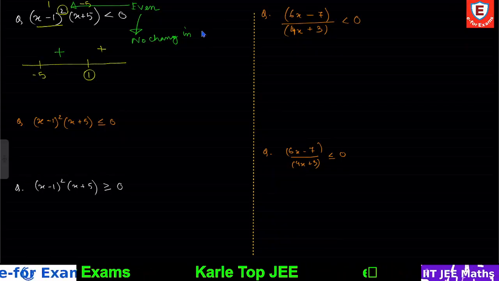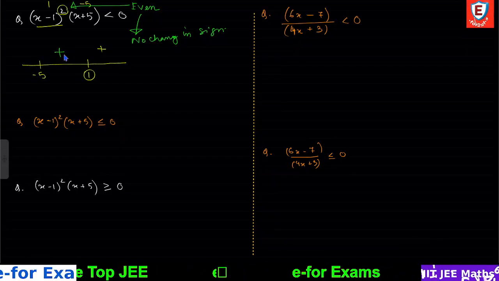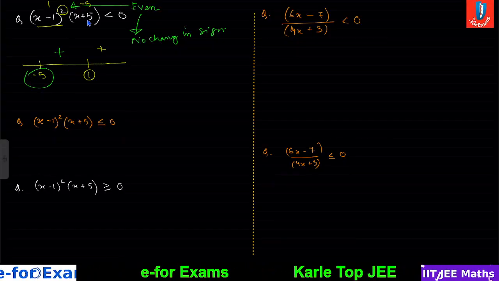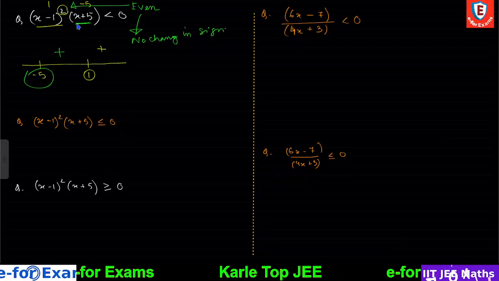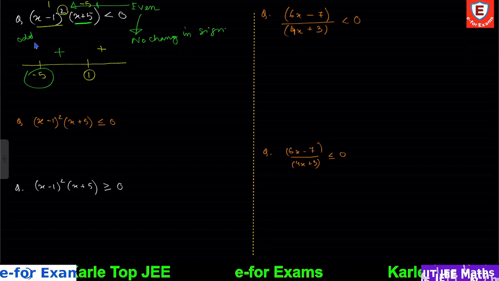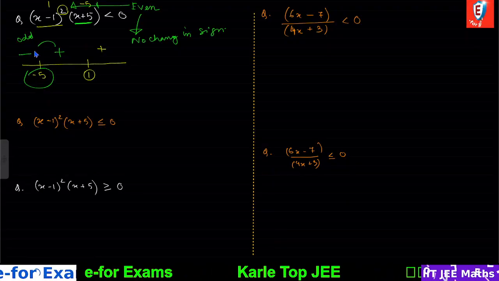Okay. Now minus 5. Minus 5 comes from x plus 5 to the power 1, which is odd. So it will change to minus. Plus plus minus.